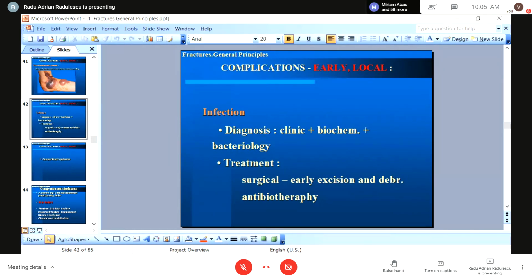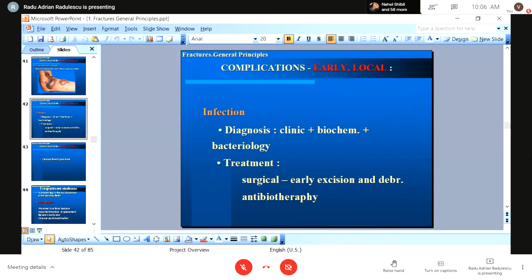Infection at the level of the fractured bone is also a very severe complication. That's because, let's say, the defending system of the bone is very weak.